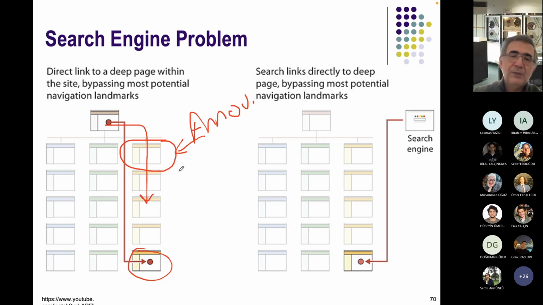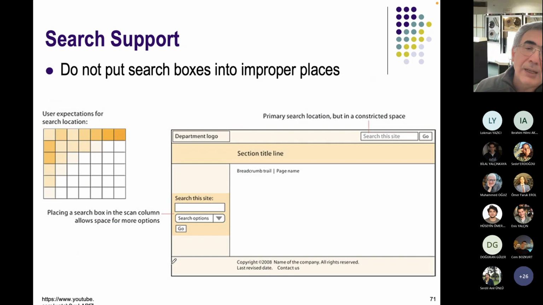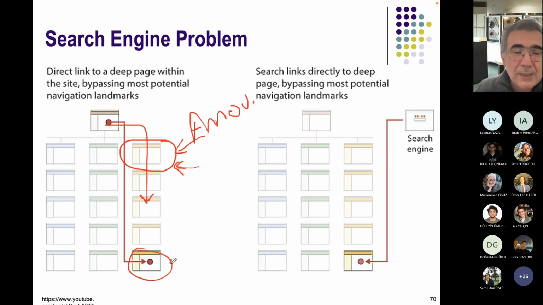So trying to put a cookie here and evaluating the cookie at the last page can determine whether you are coming from the search engine or from the top page. You can differentiate it and customize the web page based on whether you are coming from the search engine or from the top, and create two different experiences.